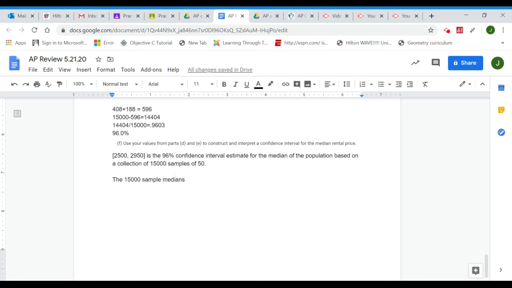So what I'm going to talk about is the 15,000 sample medians used to create this 96% confidence interval for the true population median.